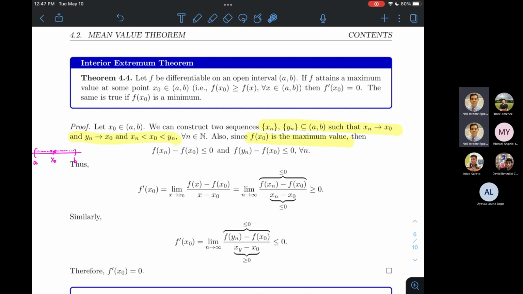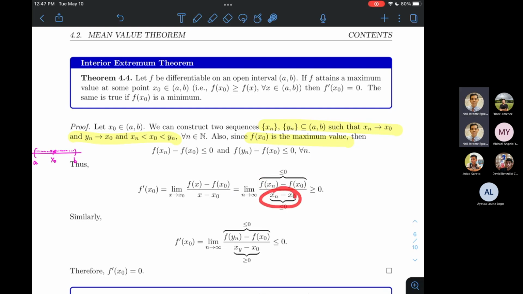Okay? Now, what do I know about this guy? I know this will exist because this is necessarily equal to this guy. So, dahil nag-exist siya, tingnan natin. Oh, tingnan mo yung numerator. Yung numerator ay f of xn minus f of x sub 0. But we said that f of x sub 0 is the maximum. So, the numerator is always less than or equal to 0.